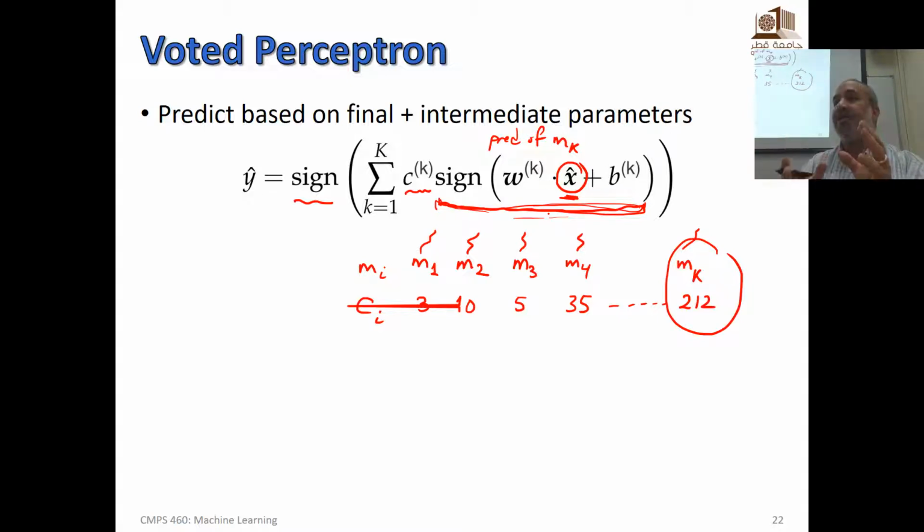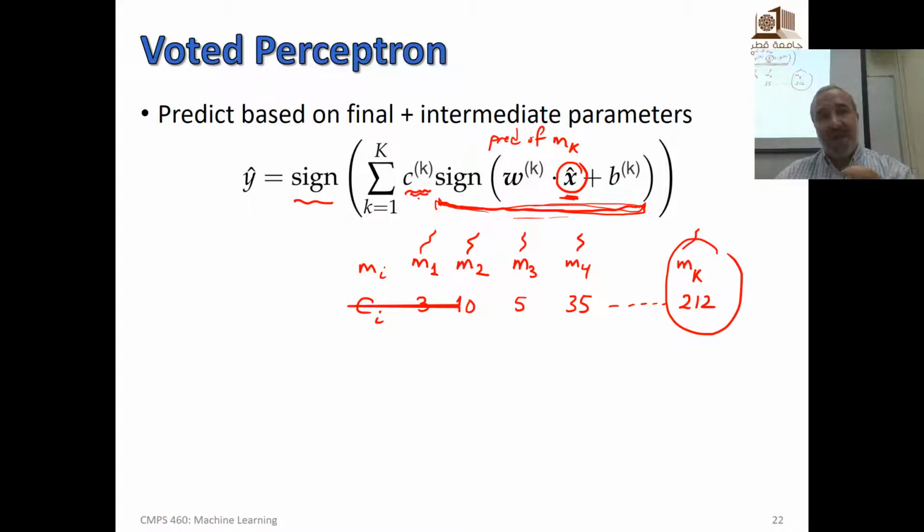We multiply each prediction by its quality, which is the survival time, and then sum and take the sign. So, on the final, we'll get a new model? You mean in prediction? In prediction, we don't get a new model, we get a prediction value.